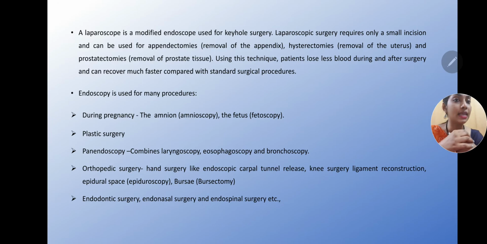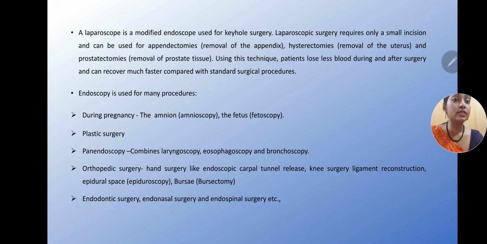So this is known as appendectomy. Similarly, uterus can be removed, which is known as hysterectomy, and prostate tissue can be removed, known as prostatectomy. So the advantage of this technique is that very less blood is lost during the surgery and after the surgery, and the recovery rate is also fast when compared to a conventional surgery.